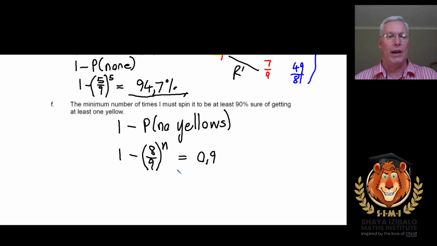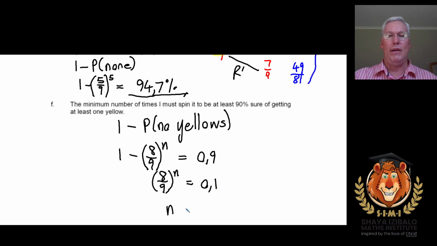So we're going to use the logarithm function. So (8/9)^n is equal to 0.1.